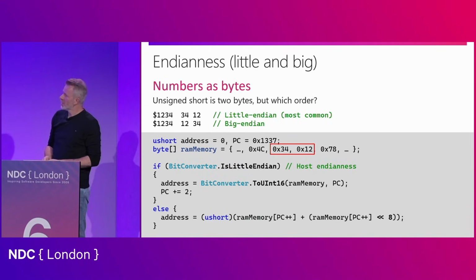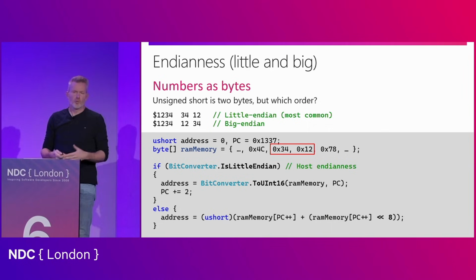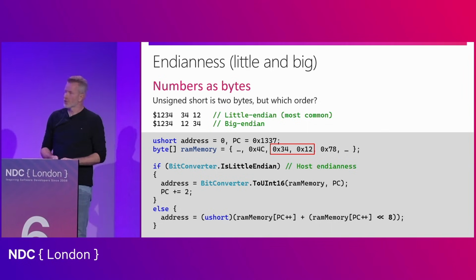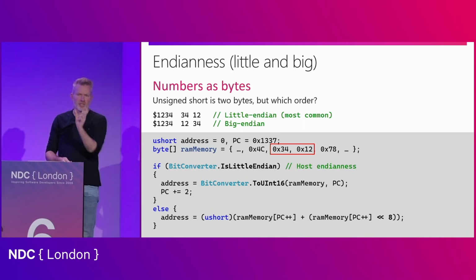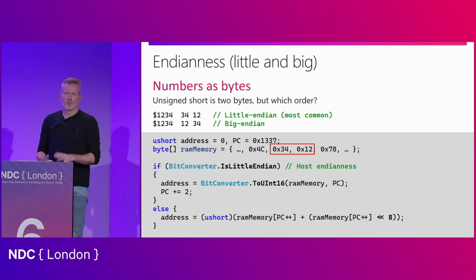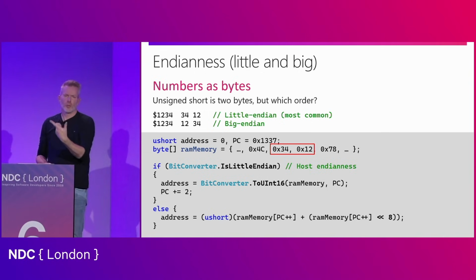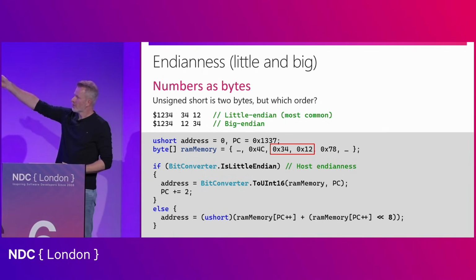Another thing that you might do is look into ways to work efficiently with endianness. Because if you have big or little endian, it matters in which order the bytes of the U-short are. It's usually little endian, but a file format or network protocol might do it differently. So you can look at the IsLittleEndian of the BitConverter.